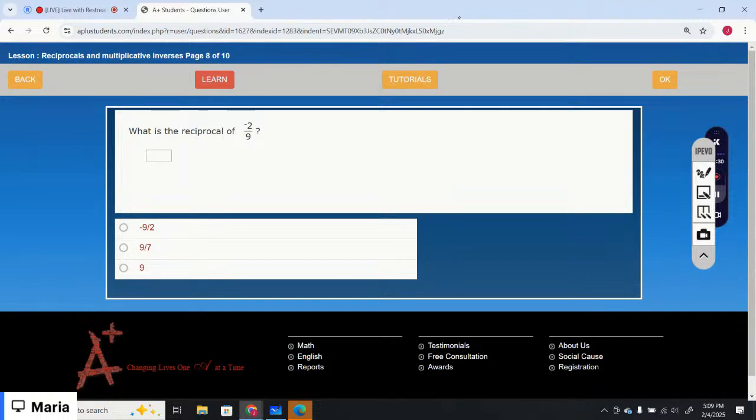What is the reciprocal of negative 2 over 9? That is negative 9 over 2.